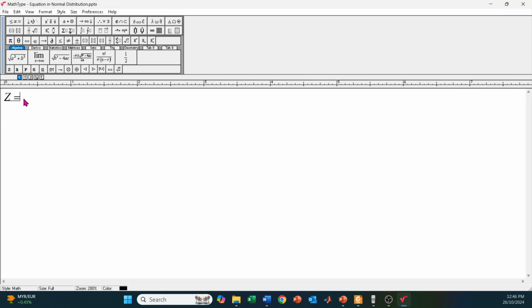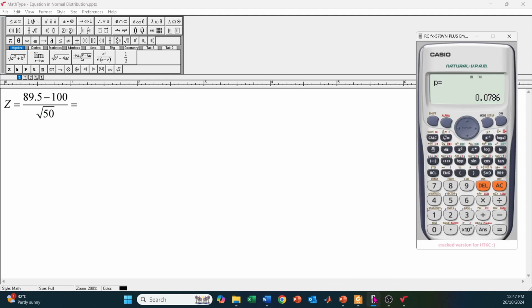The mean is 100, and then divide by the standard deviation. Sigma is square root 50. You calculate it. What is the value there?